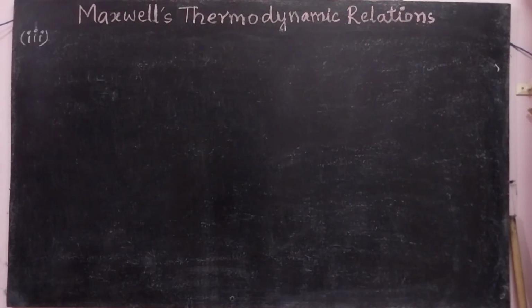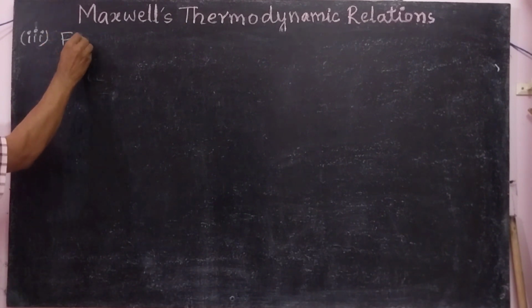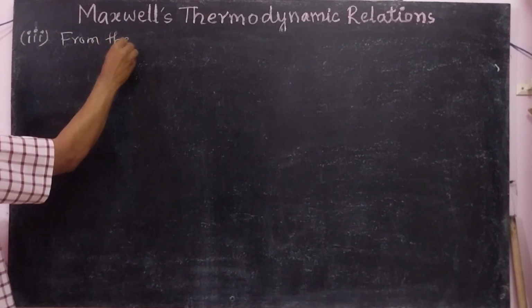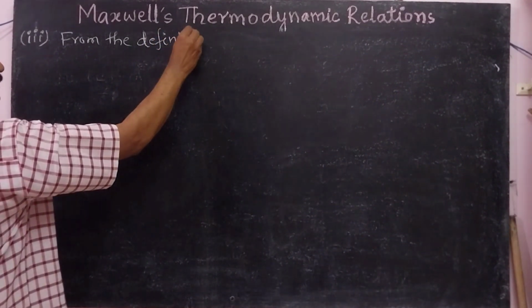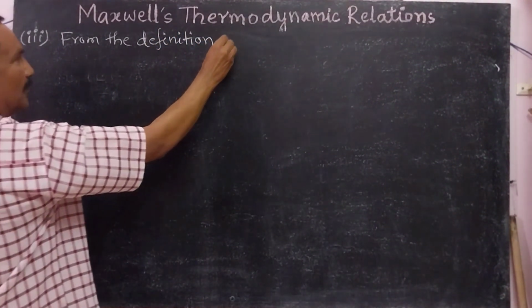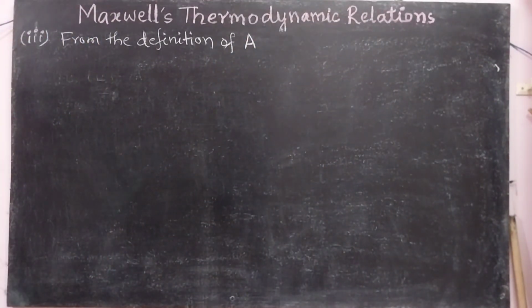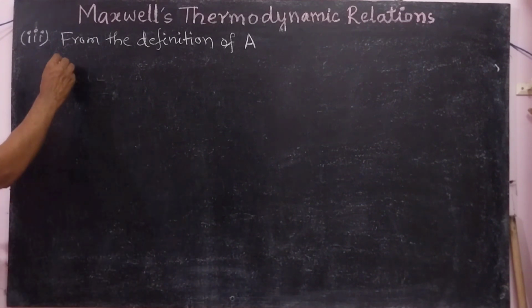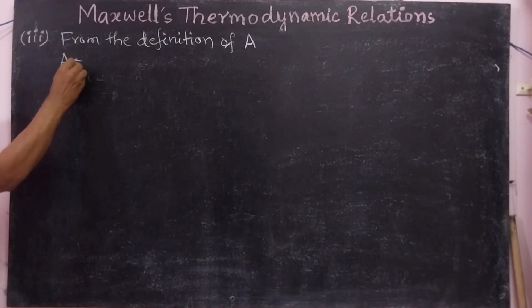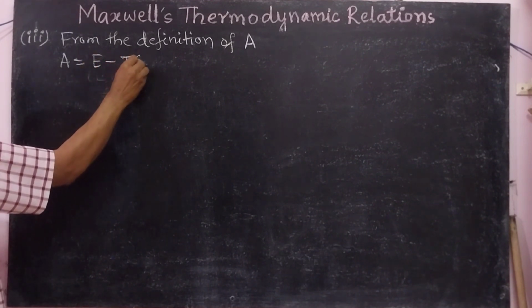Let us derive the third relation, that is from the definition of A, the Helmholtz free energy. Helmholtz free energy A is defined as A equal to E minus TS.